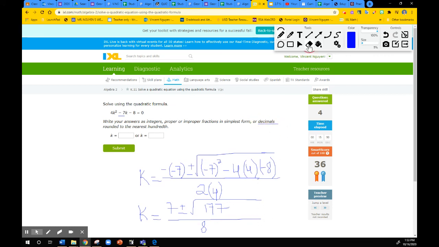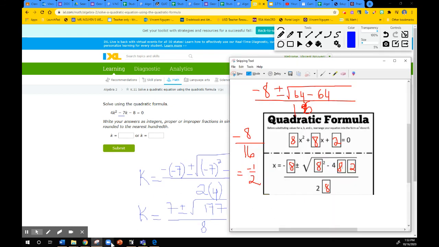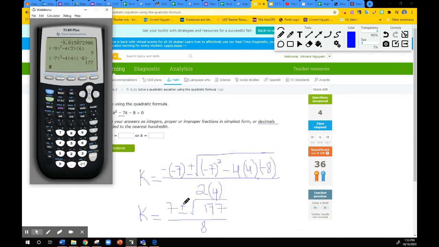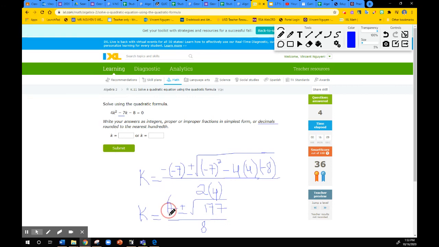So let's put this into our calculator and see what we get. All right, so let's do the first one. Again, remember, oops, wrong one. So remember, let me close this. Remember, we need to do the plus first, and all of this needs to be in its own parentheses, right? If I'm going to put it in the calculator, okay?